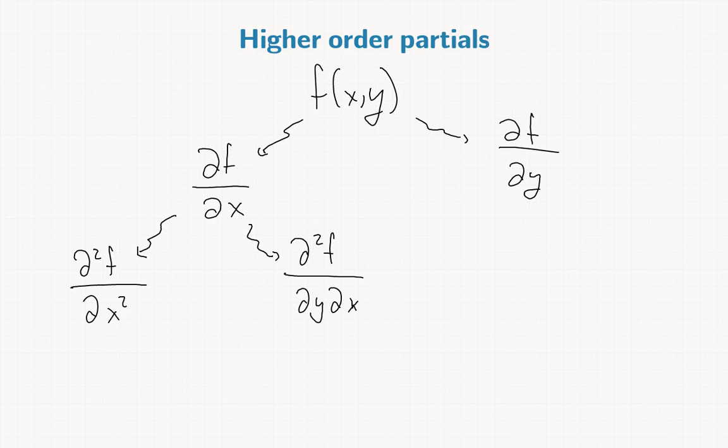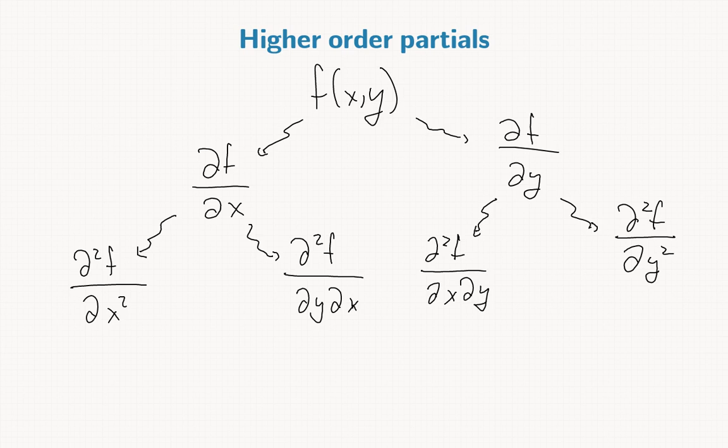And then doing the same to ∂f/∂y, if we differentiated this with respect to x, we get ∂²f/∂x∂y, or ∂²f/∂y². So all of these are going to be measuring some kind of acceleration.